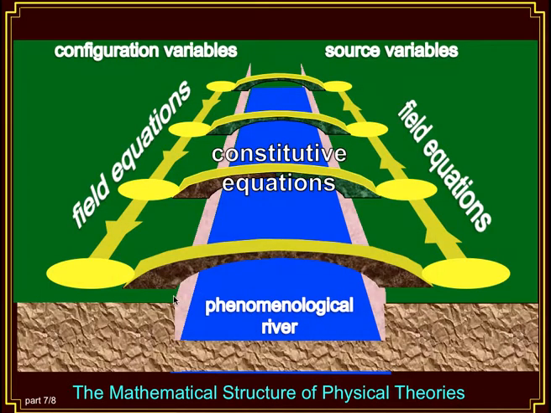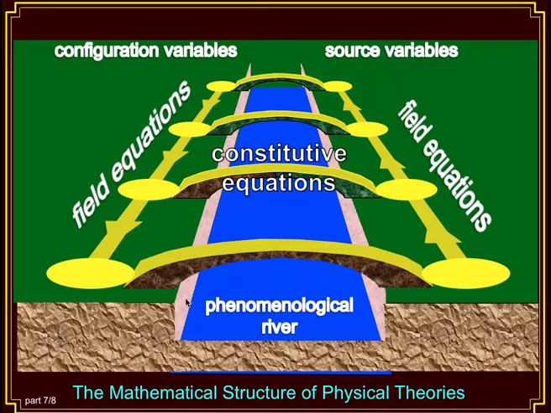This is a pictorial view of the diagram. You have the configuration variable on the left, the source variable on the right. On the left you have the field equations, and also field equations are here, respectively configuration and source equation. The bridge that links the left with the right side, or the right side with the left, are the constitutive equations.